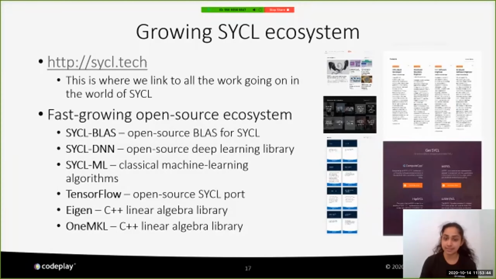SYCL-ML supports classical machine learning algorithms. TensorFlow also has an open source SYCL backend. Argonne also has an open source SYCL backend. oneMKL is Intel's open source SYCL MKL library, which also has CUDA backend support available.